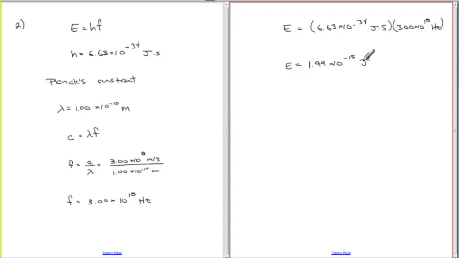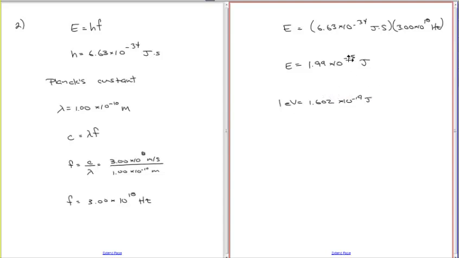So we want to convert to electron volts. And all we have to do is, we know that 1 electron volt is equal to something, and I think we have to go to the back of the book, or the front of the book. Must be the front of the book. Under energy, there'll be a conversion from electron volts to joules. So we have 1 electron volt equals 1.602 times 10 to the minus 19th joules.